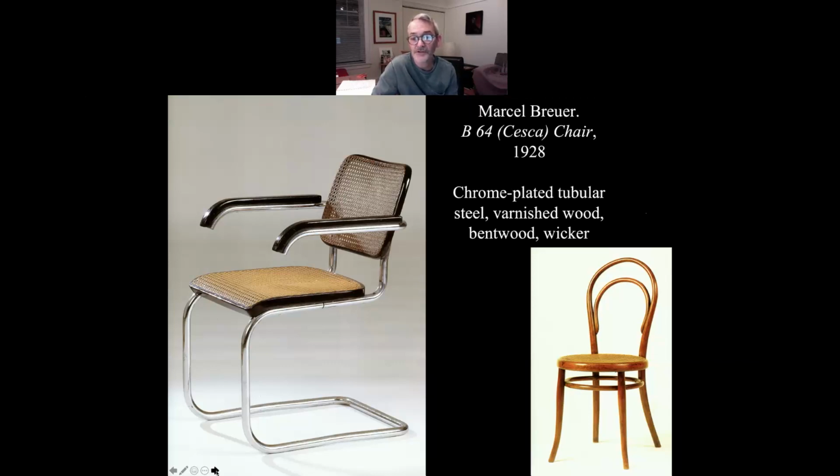Eileen Gray also. Mies van der Rohe did, and then there's a Dutch designer named Mart Stam who also did. They're all working, it's almost like when there's a new material, everybody starts working with it. And so you get a bunch of people using it. I don't think you could credit only one, I'm not sure who did it first.